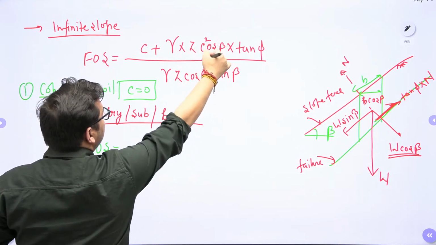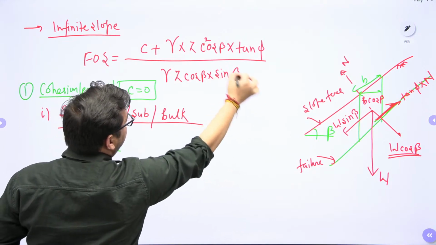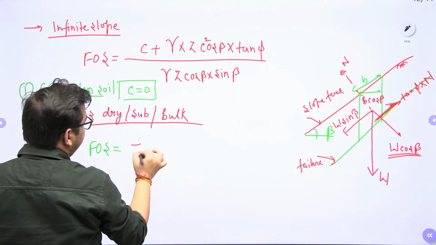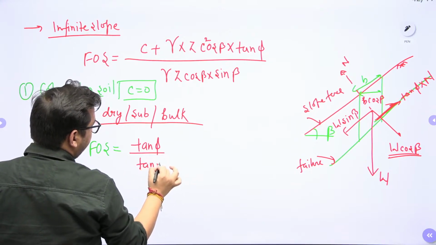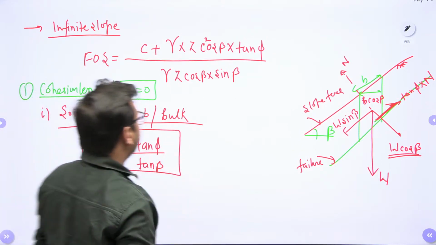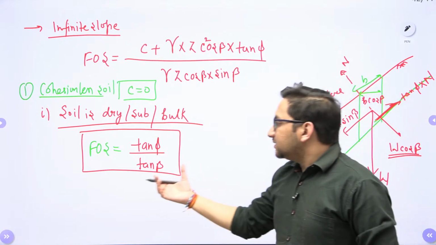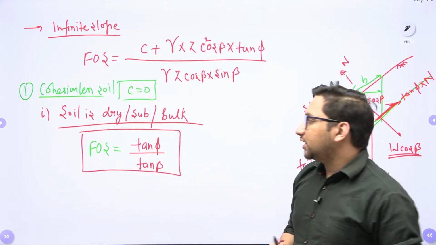Cos beta will cancel out. It will be cos beta upon sin beta, or I can say it is sin beta upon cos beta, which is nothing but tan beta. So I can say that factor of safety will be tan phi by tan beta. So if soil is given as dry, submerged or bulk, you will say, okay, my factor of safety will be tan phi by tan beta in all the cases.